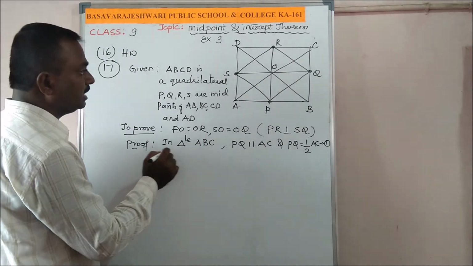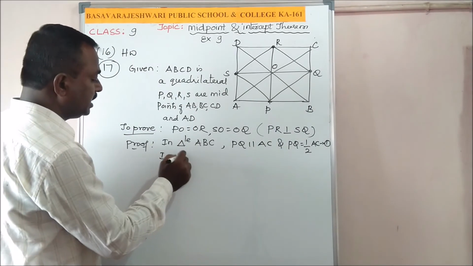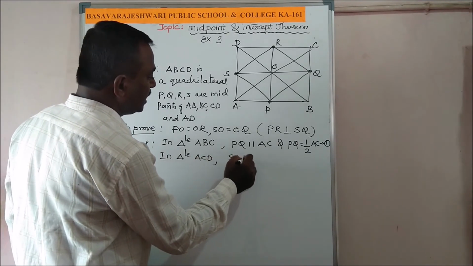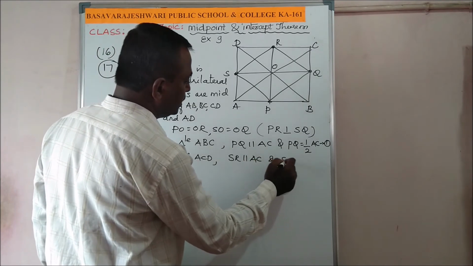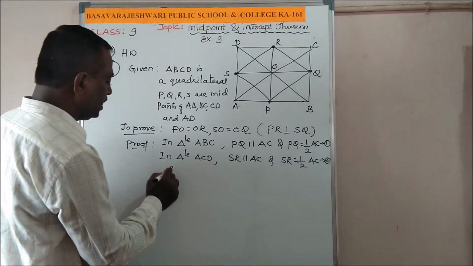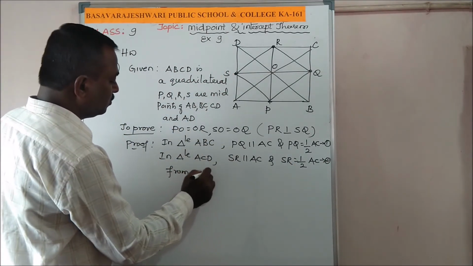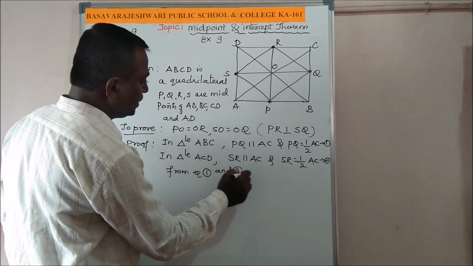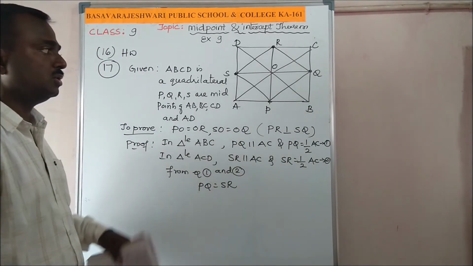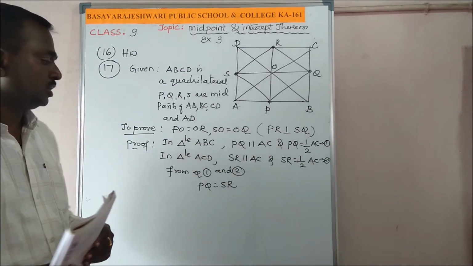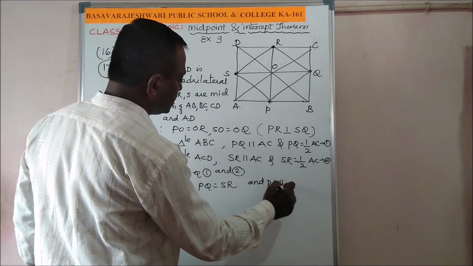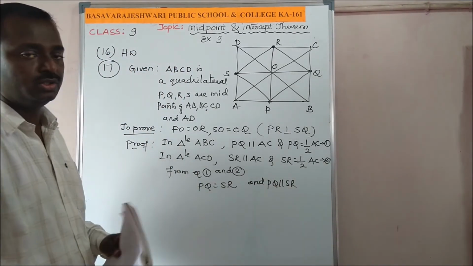Similarly, in triangle ACD, SR is parallel to AC and also SR is equal to half of AC, equation number 2. From equations 1 and 2, what we can say? PQ is equal to SR and also PQ is parallel to SR.